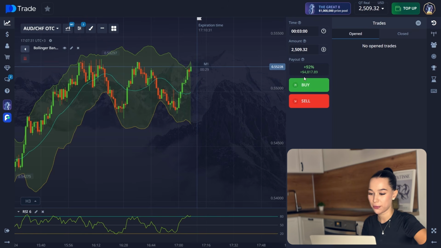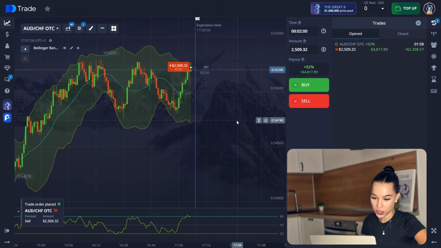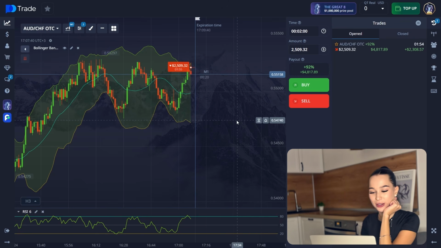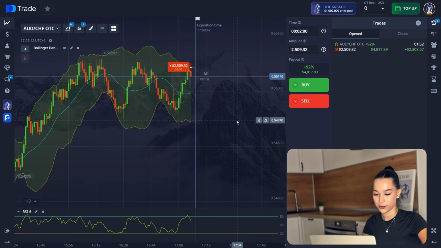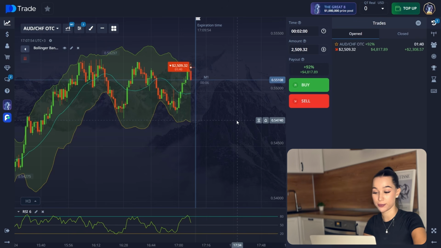So here we change the time of the expiration to 2 minutes and open a sell trade for $2,509 again, and I'm sure we're gonna close this one. What we can see here, the market showed a confident upward movement but reached an important technical resistance level, a zone where the price had previously reacted and reversed. And also the price touched the upper Bollinger Band and even slightly broke above it.